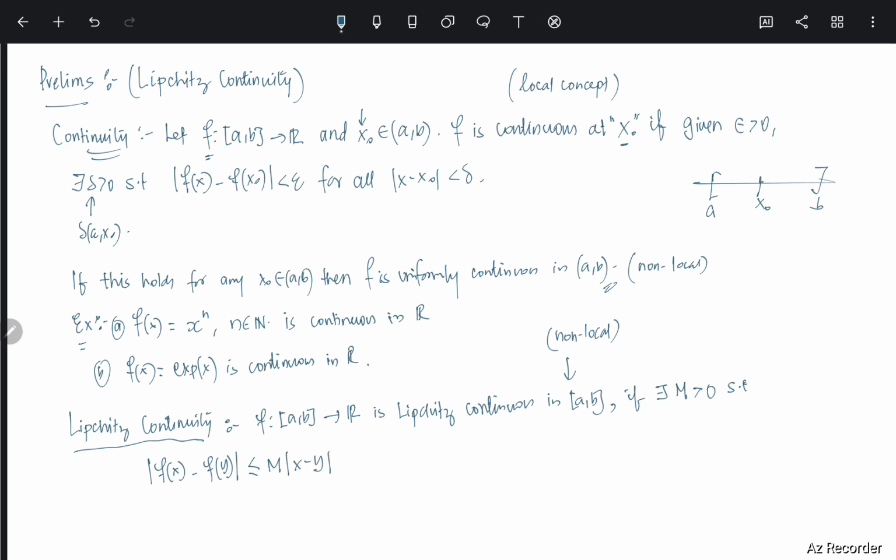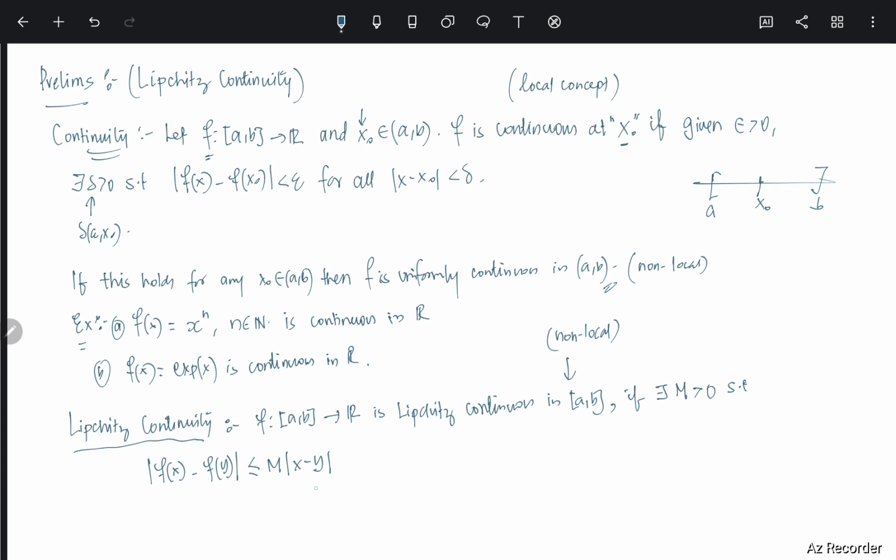So what I mean by this is, you can of course control the growth of f, how fast f is growing, using the information that we already know how fast x is growing, right? The domain, how fast we are changing the point.